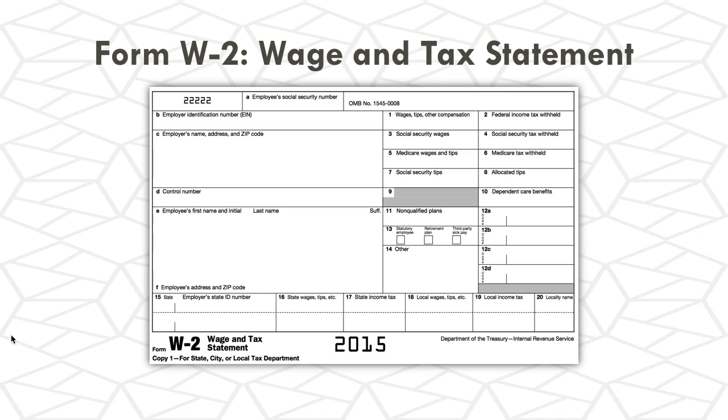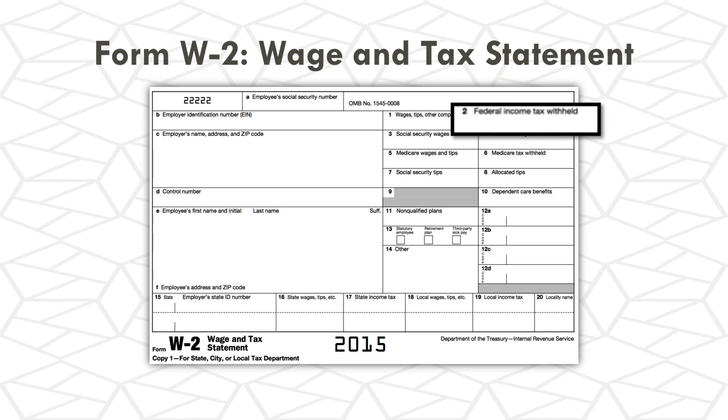Okay? So let me briefly call your attention to the parts of this form that we will be taking a closer look at in this lesson. So first we've got box 1, wages, tips, other compensation. This is just going to be the amount paid to the employee during the tax year. Box 2 is going to be federal income tax withheld.